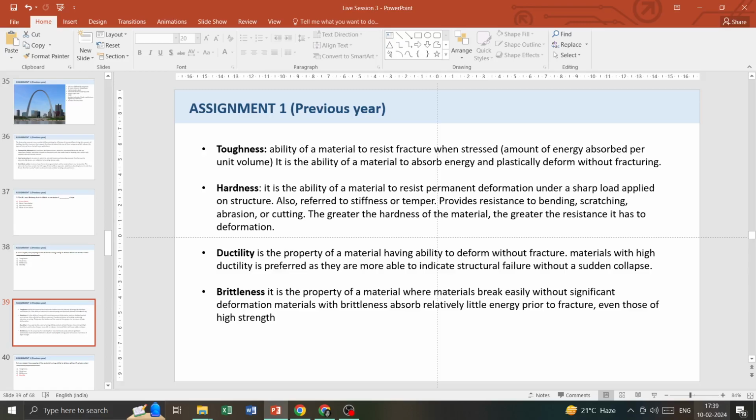Materials with high ductility are preferred as they are more able to indicate structural failure without a sudden collapse. Brittleness is the property of a material where materials break easily without significant deformation. Materials with brittleness absorb relatively little energy prior to fracture, even those of high strength.